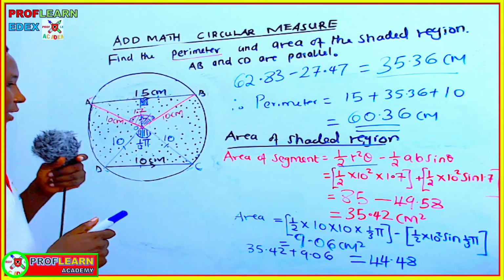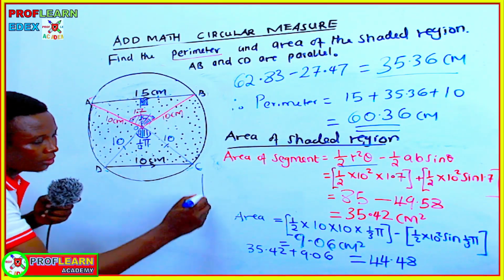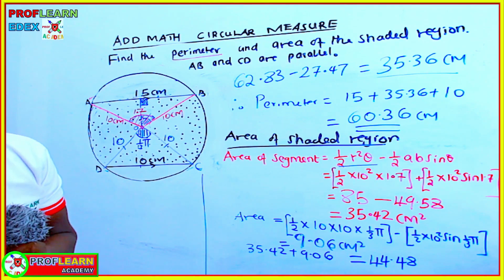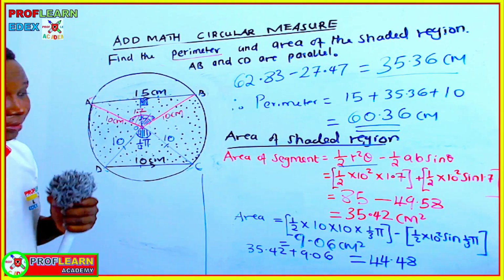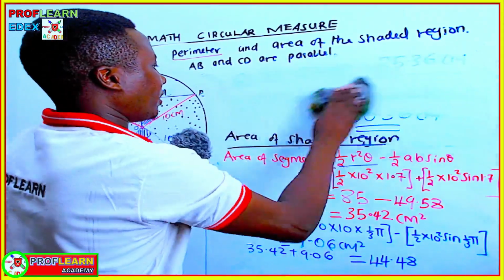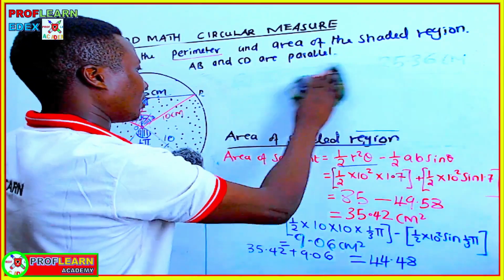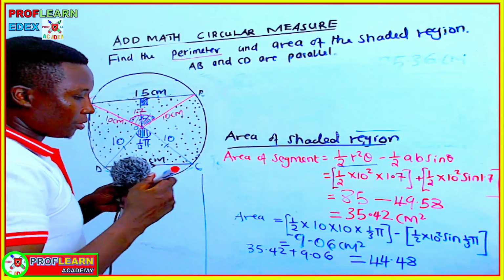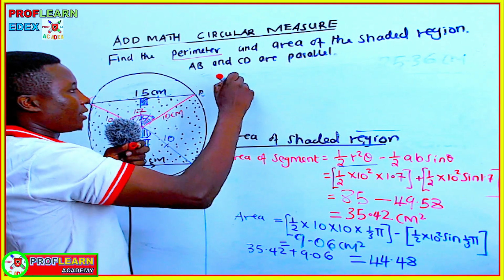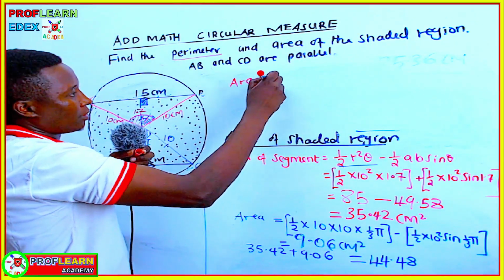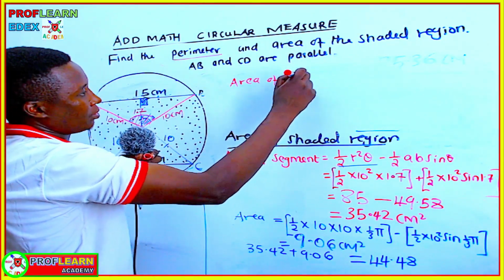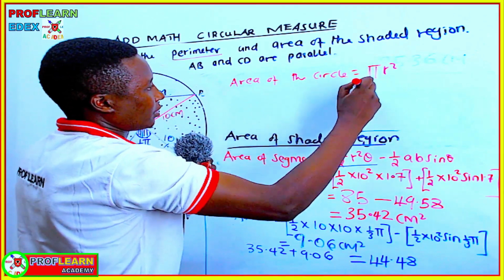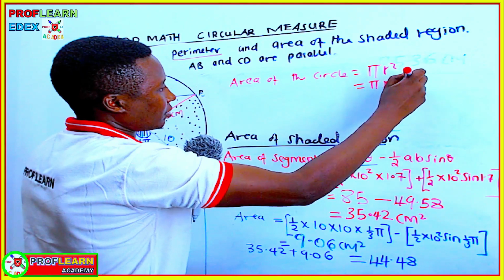Once we have that, we are almost home and dry. We need to work out the area of the circle. Let me just use this space at the top here to find that. The area of the circle is pi r squared, which is pi times 10 squared.